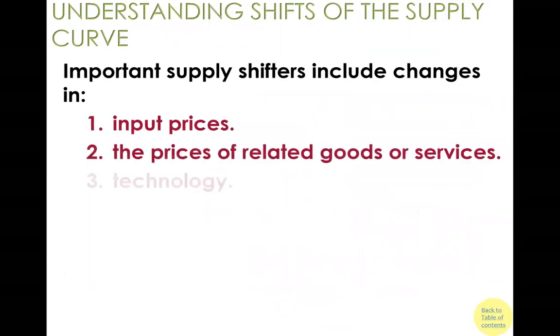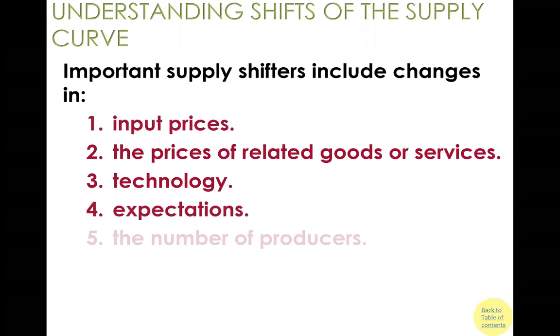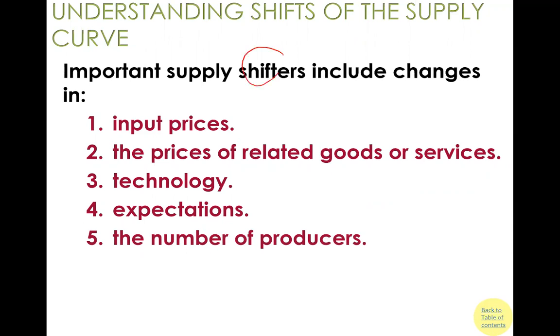Okay. So there are several factors that can cause a shift in supply. When I say shift, it means the curve shifts, and either there's a decrease or an increase. There are 5 factors. I'm not going to say them one by one because in the following slides, we are going to explain them one by one.